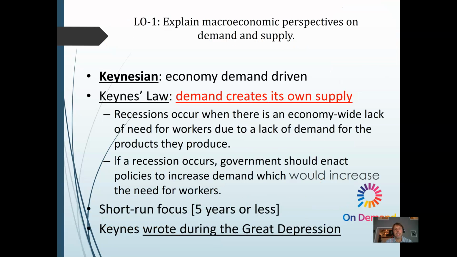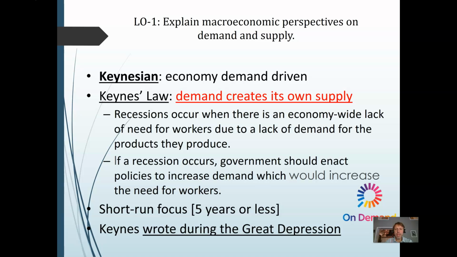So Keynesian economics, in contrast, is demand focused or demand driven instead of supply, and short run focused, 5 years or less. And you probably notice a gap between the 5 and 10 years where some hybrid of the two kinds of views of economics seems to do better at explaining what we actually see happening. It's important to keep in mind that Keynes wrote during the Great Depression, and that had clearly influence over his thinking.